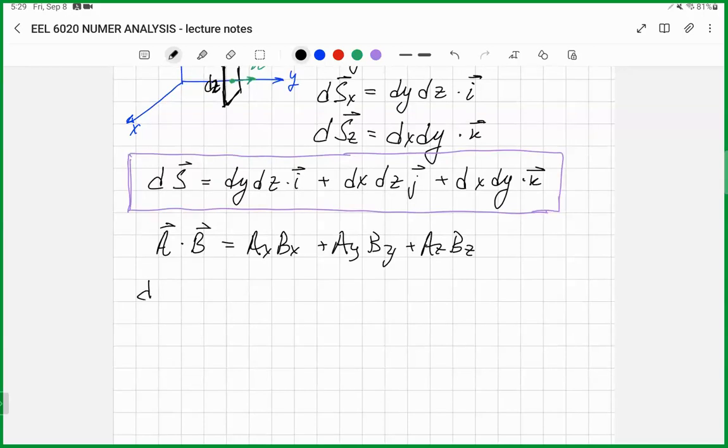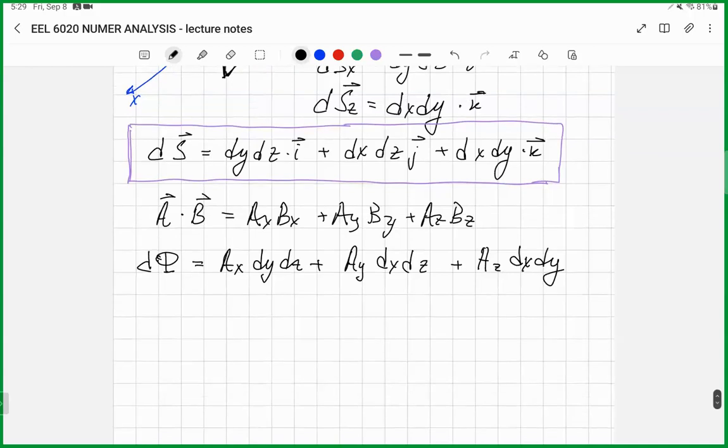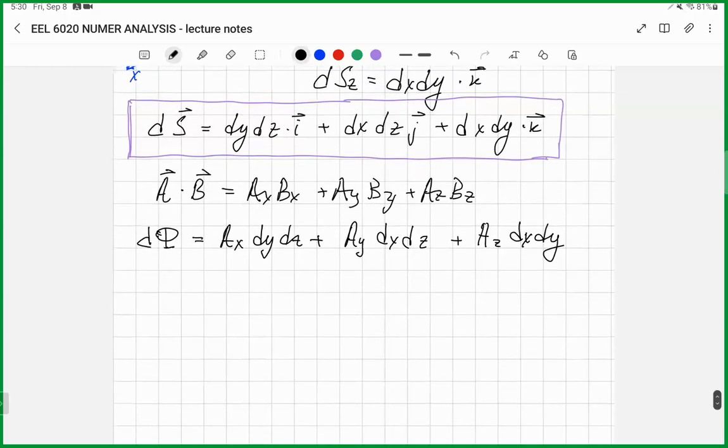So we conclude that the element of the flux is equal to ax dy dz plus ay dx dz plus az dx dy. Okay, so this is the element of the flux of field A through the arbitrarily arranged element of the surface in the space.